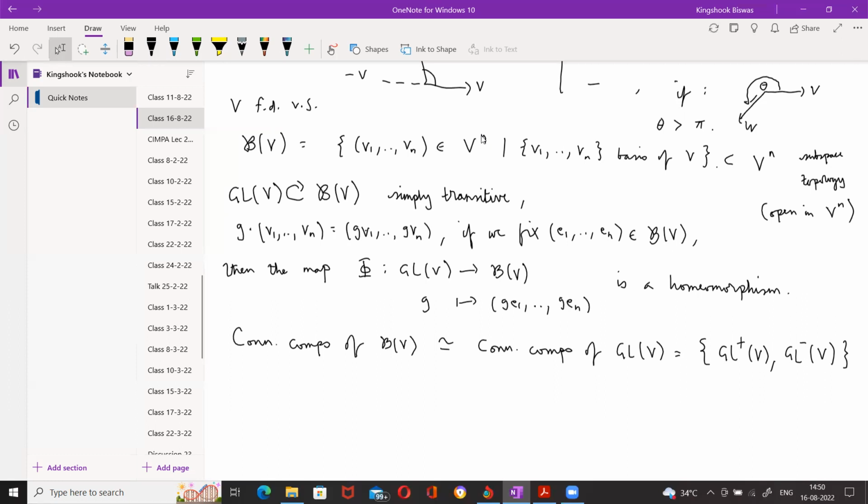So you can try and prove that GLN R has exactly 2 connected components, the matrices with positive determinant and with negative determinant. These are the 2 connected components of GLN R. Can you show that?